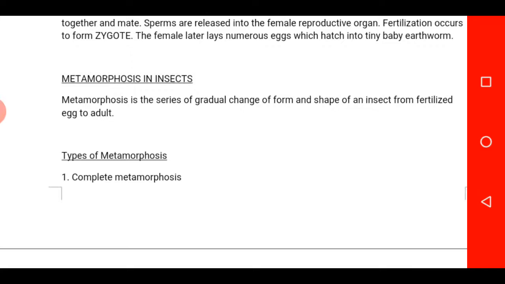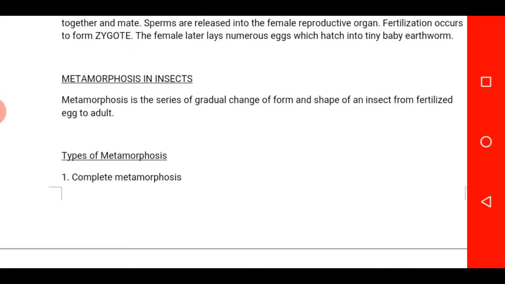Reproduction in insects. Insects reproduce through a process called metamorphosis. Metamorphosis, therefore, is a series of gradual changes or development in the form and shape of an insect, from fertilized egg to adult.